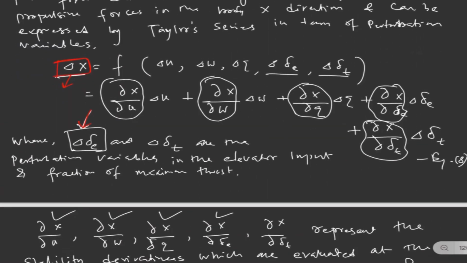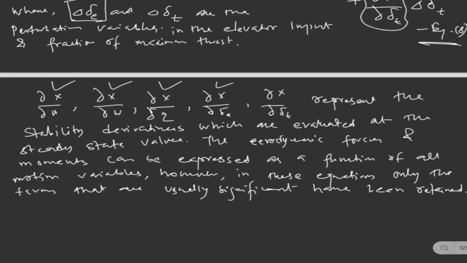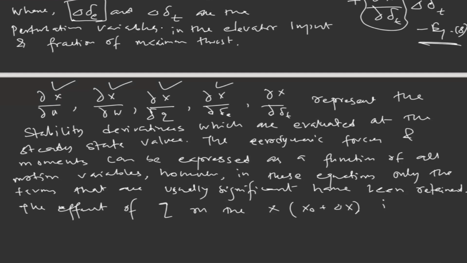There's another assumption: the effect of pitch rate Q on the x force, which is basically x naught plus del x, is negligible because they are in the same direction.